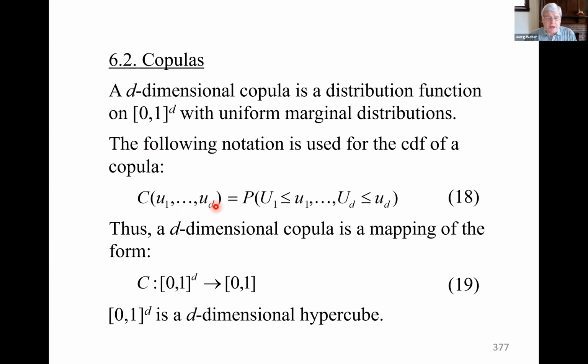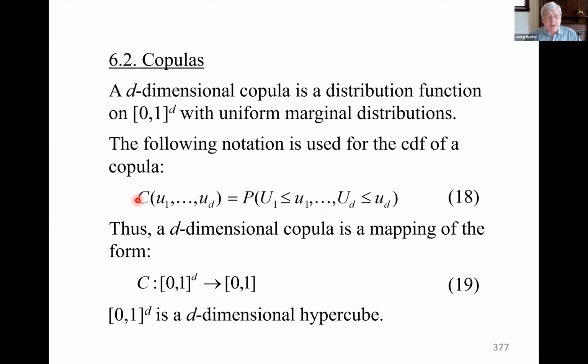So the copula is actually a mapping from 0, 1, in d dimensions. So you speak about the so-called hypercube, into the range of the function from 0 up to 1, because that's naturally the probability. Probabilities must be numbers between 0 and 1. So here, this is the probability that u1 is less than this value, up to ud is less than that value.